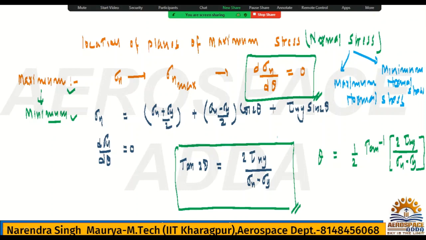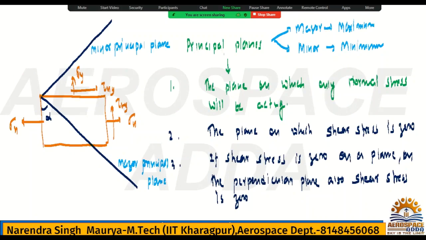So basically sigma n is divided in two parts, sigma 1 and sigma 2. Maximum will be sigma 1 and minimum will be denoted by sigma 2. So on the principal plane, only normal stress will be acting.